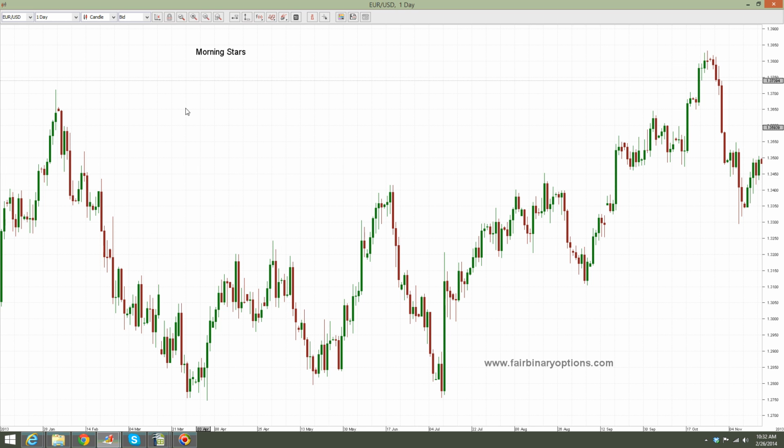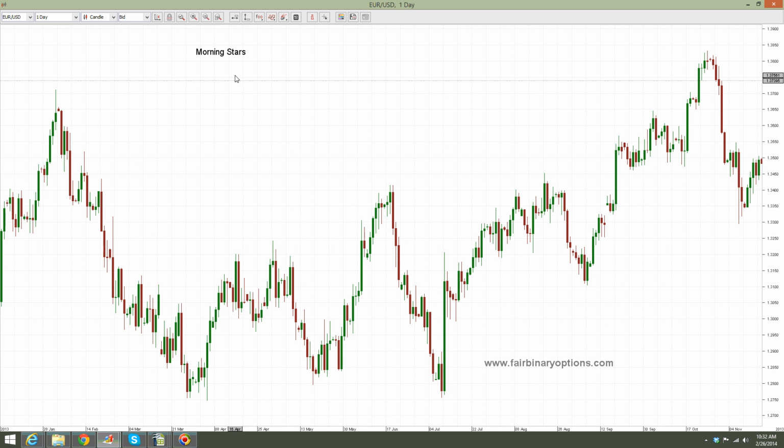It is mandatory to have a candle chart here and not a bar or a line or a table. You can look for them on any specific time frame. In this case, it is the Euro US dollar, the daily chart. We'll do a couple of examples, but that will be in the second part of our project. In the first part, I would like to establish the rules and what these patterns really look like.